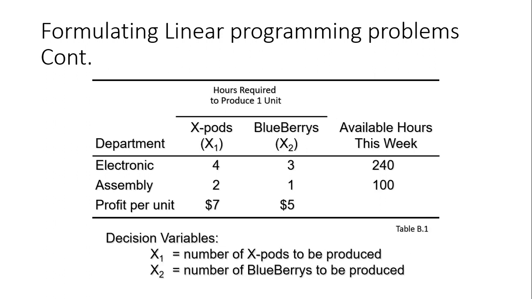Here is some information about Xpod and Blueberry. We will denote Xpod as X1, and the Blueberry product as X2. The numbers 4, 3, 2, 1 are the hours required to produce one unit.